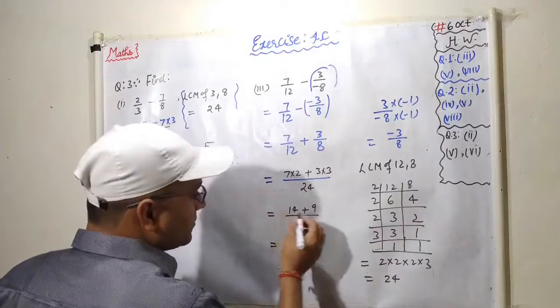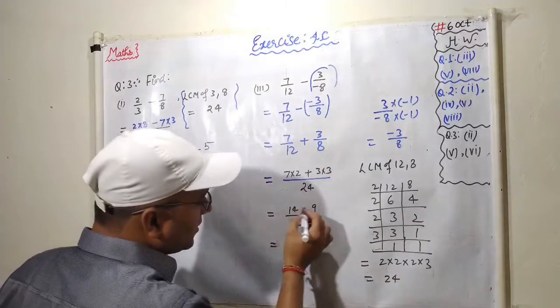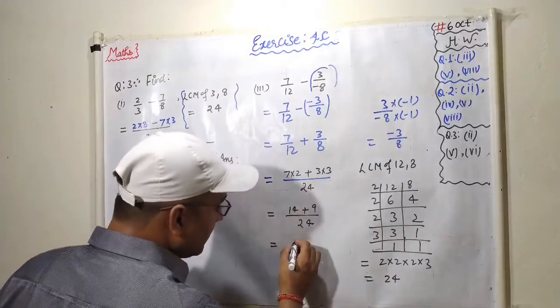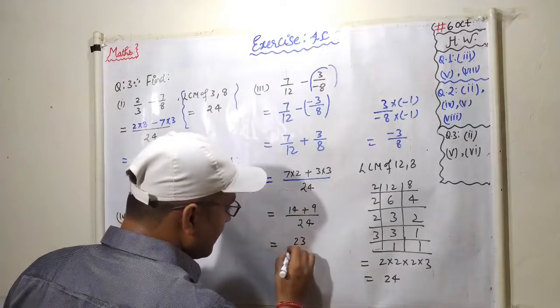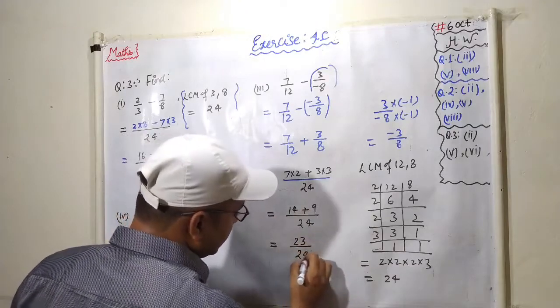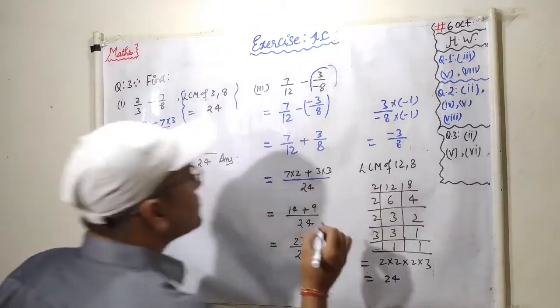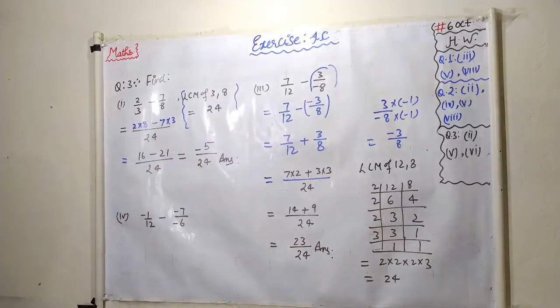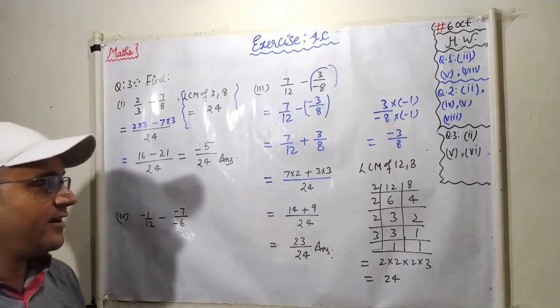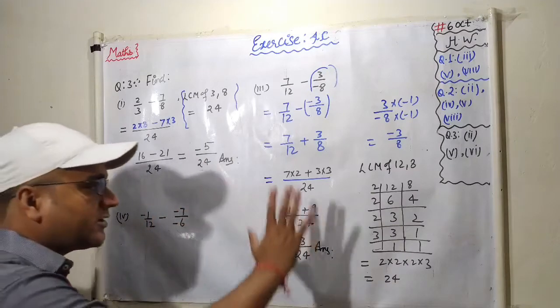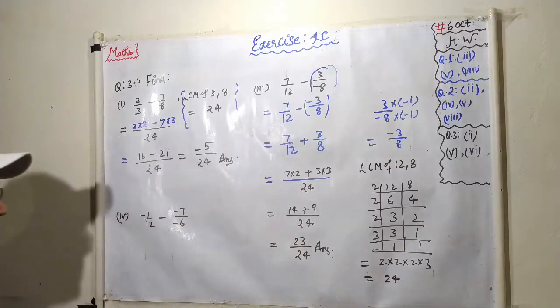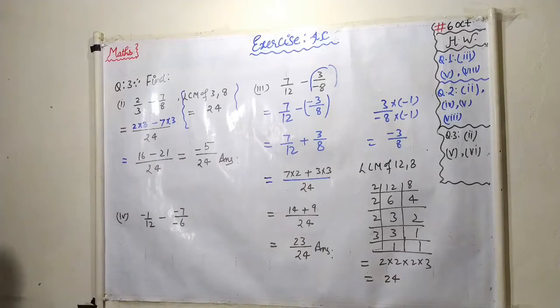Add this: 14 plus 9, you will get 23 upon 24. This is your answer for question number 3, 23 upon 24, students. It is very easy, and I know that you will do it properly. Now the next one is question number 4.